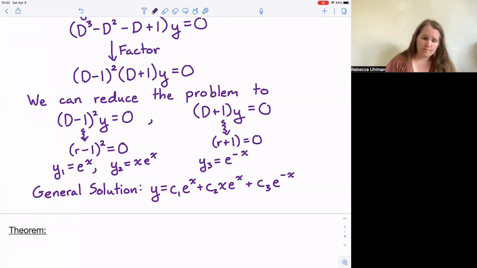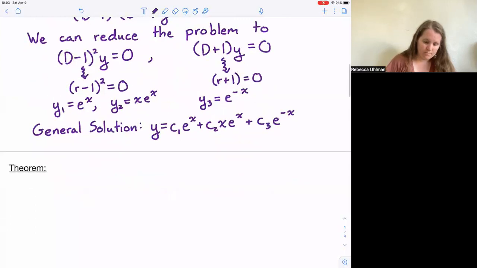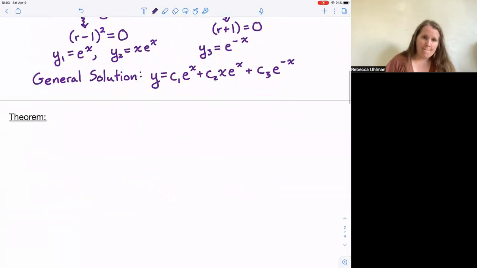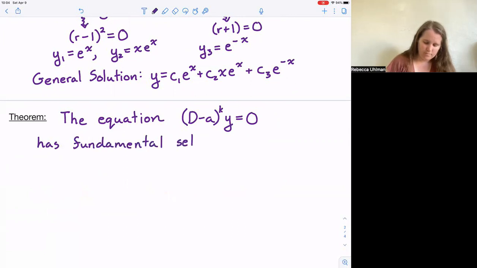So we get a theorem for this, which is that the equation given by d minus a to the k applied to y equals 0 has fundamental set of solutions y1 is equal to e to the ax, y2 equal to x e to the ax.